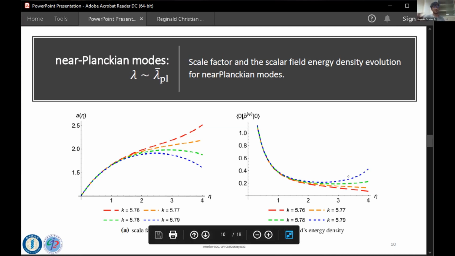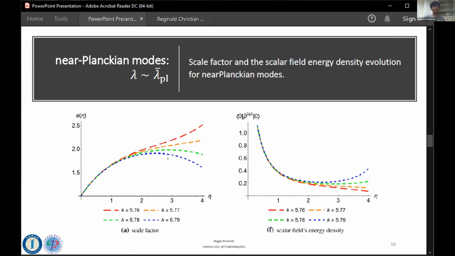Because it's an energy density, when the scale factor stops the accelerating expansion and goes into this collapsing phase, you can see that the scalar field energy density starts to actually increase.